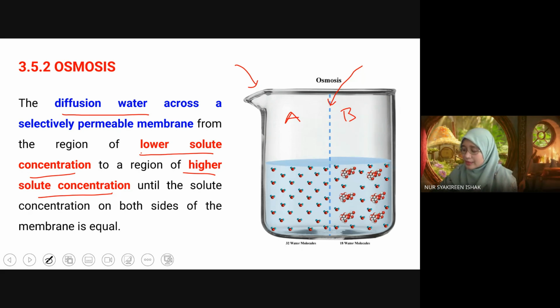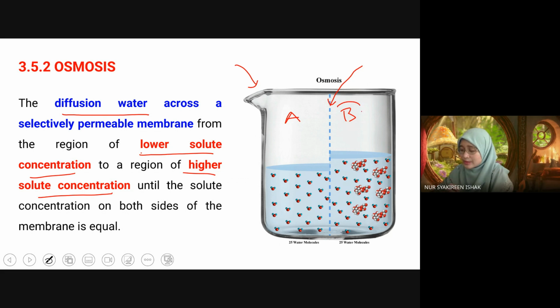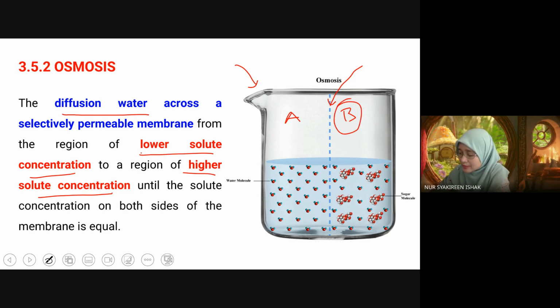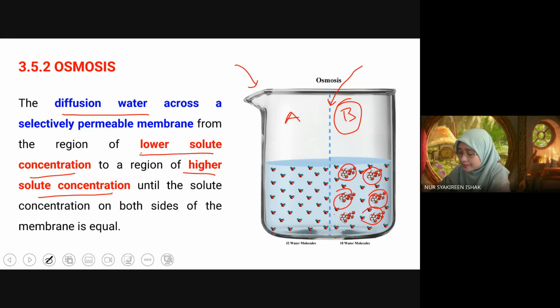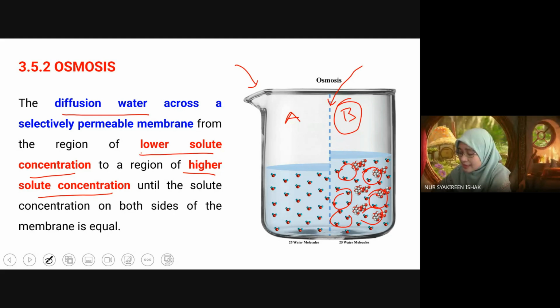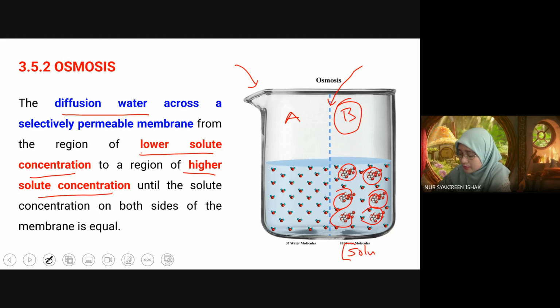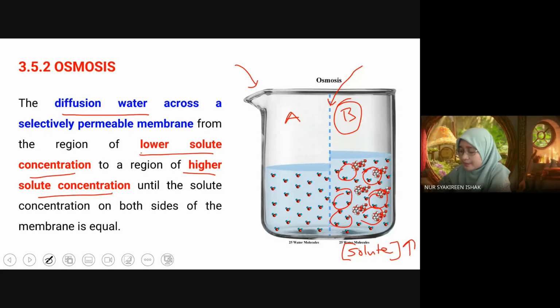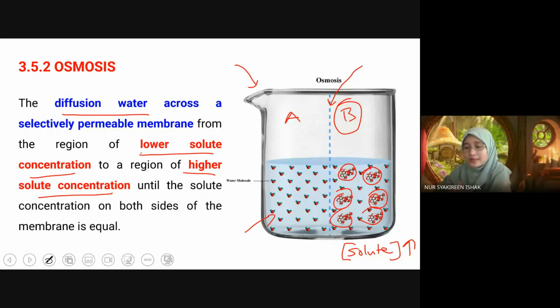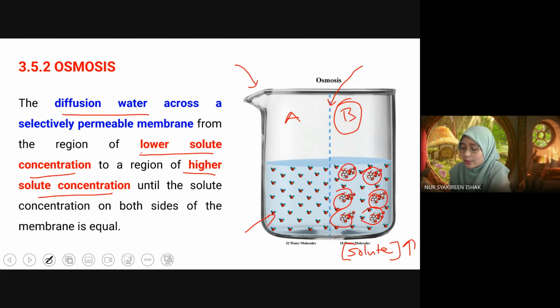If you look at the region that contains solution B, it has solutes, so this is the region with a high solute concentration. On this side there is no solute, so it is the lower solute concentration.